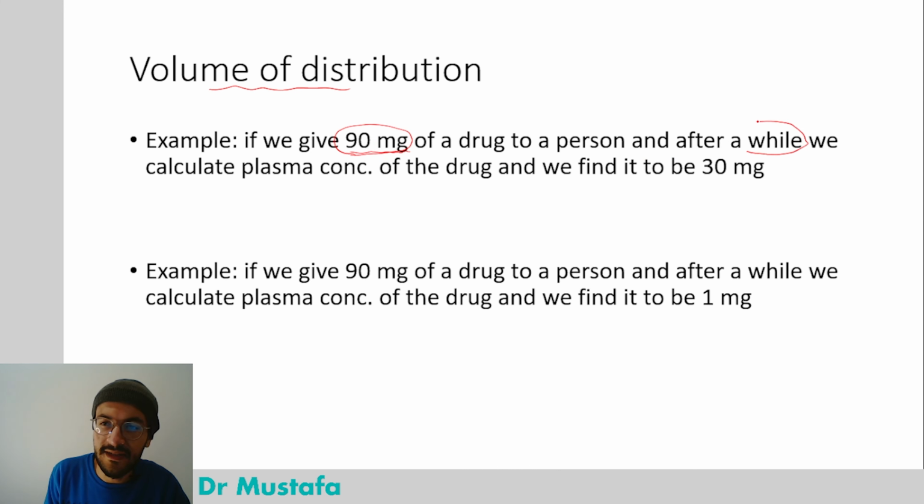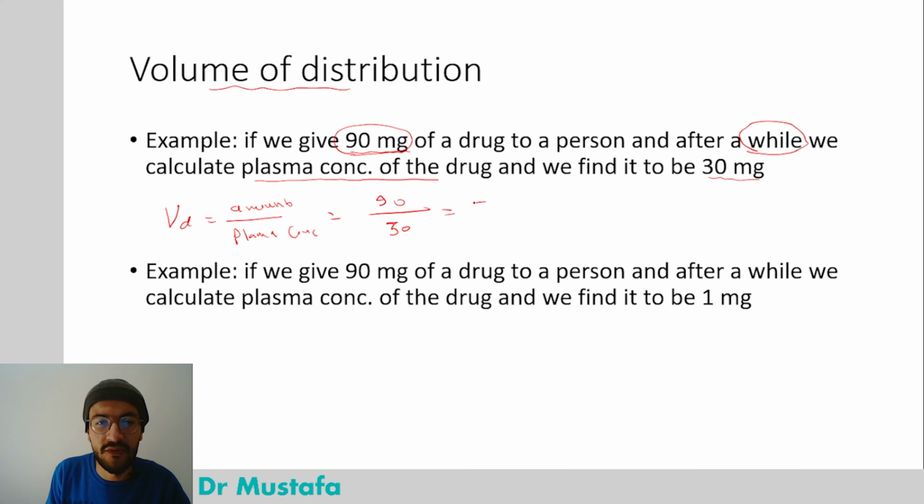After the drug reaches distribution equilibrium, we calculate the plasma concentration of the drug and find it to be 30 milligrams. Now we calculate the VD, which again equals the amount of the drug available for distribution divided by the plasma concentration after distribution equilibrium. So it would equal 90 over 30, which is 3 liters.